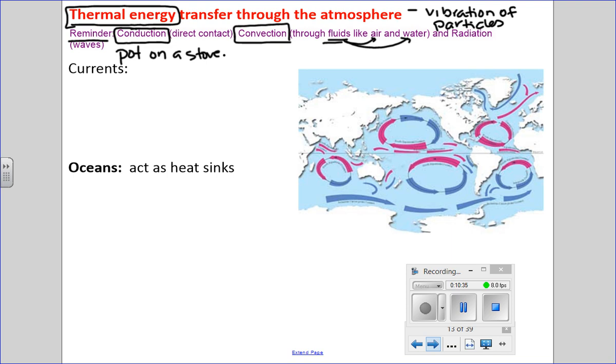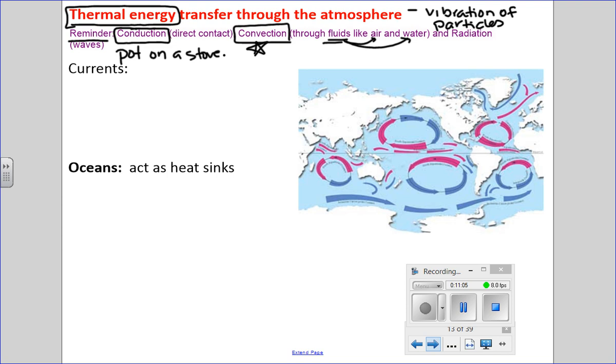A liquid can flow, a gas can flow, but a solid cannot. And so we are really going to focus on convection, and that's because we're going to focus on currents, on water currents and wind currents, and how they transfer heat around the atmosphere, the hydrosphere, our planet in general.